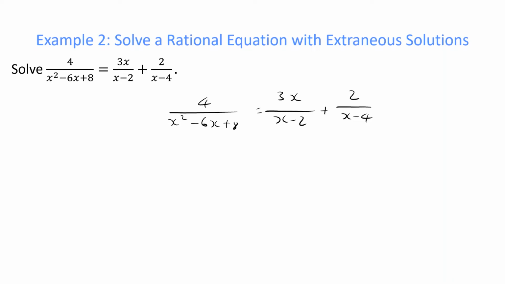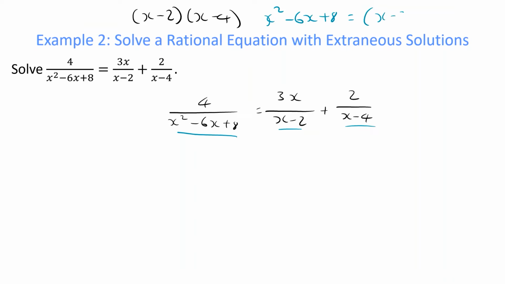The least common denominator in our case is going to be (x - 2)(x - 4). This can be achieved by finding the LCD of the terms. If we factorize x² - 6x + 8, we will have our x - 2 and our x - 4. So I'm going to multiply each term by this.